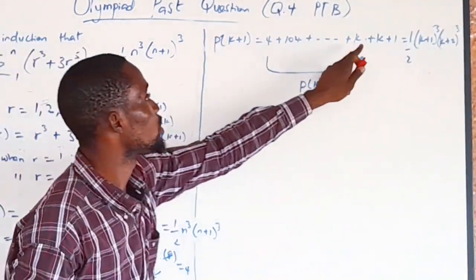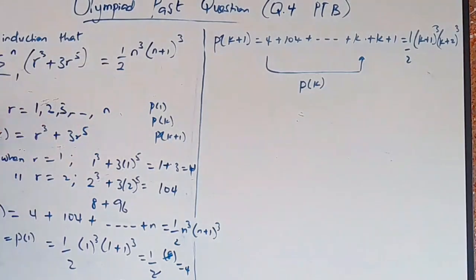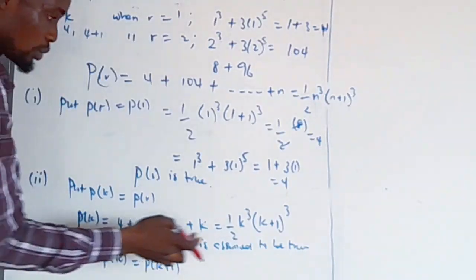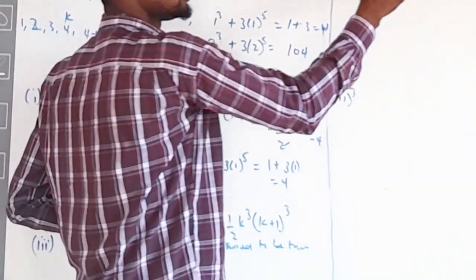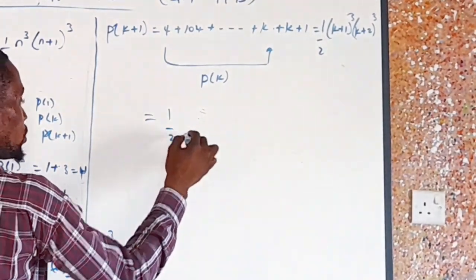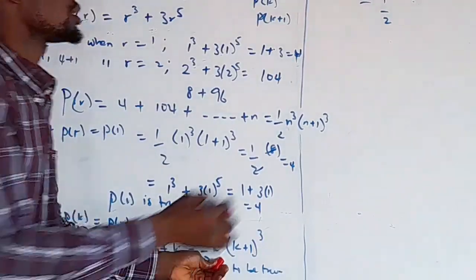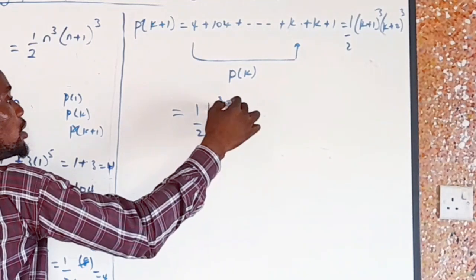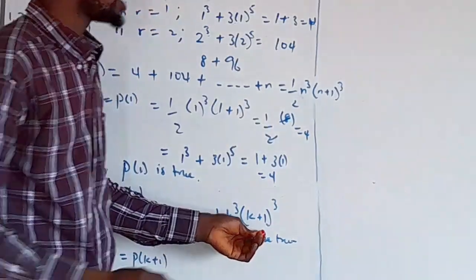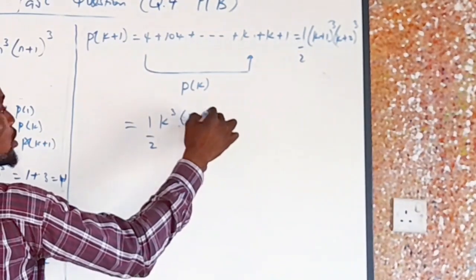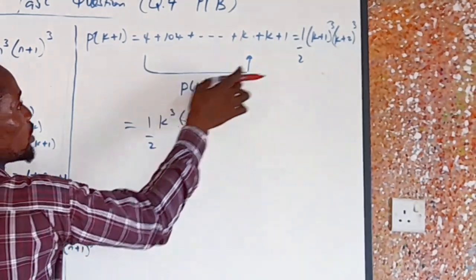Now, all this from 4 to this place represents my P of k. And remember, my P of k is equal to this. That is, P of k plus 1 becomes 1 over 2 into k cubed into k plus 1 all cubed. That's P of k. What is left?